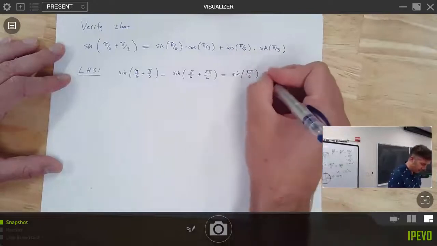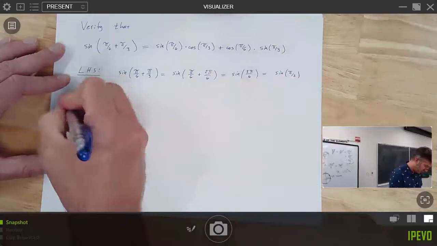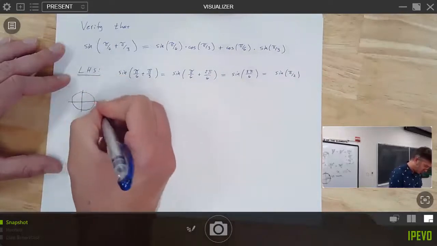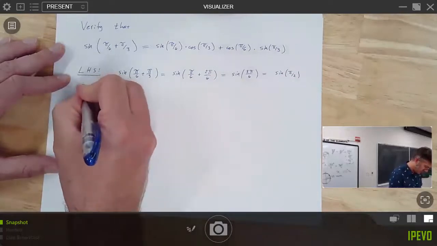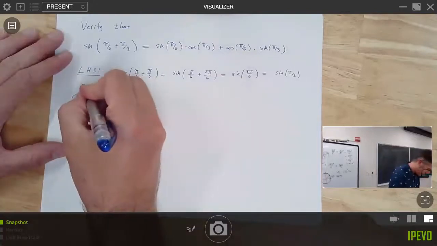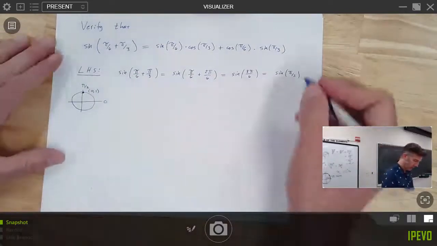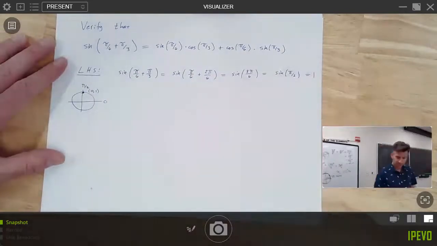And that reduces to pi over 2. And we know that pi over 2 is a quadrantal angle. It's this angle at the quote unquote top of the circle. And the coordinate there is 0, 1. And sine is always the y coordinate. So sine of pi over 2 is 1.